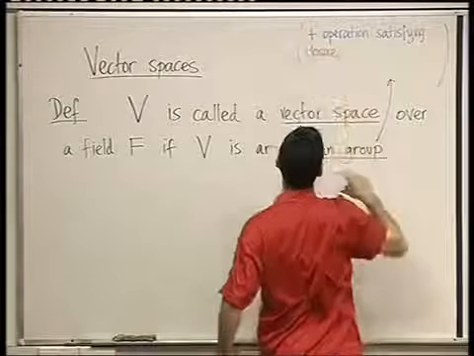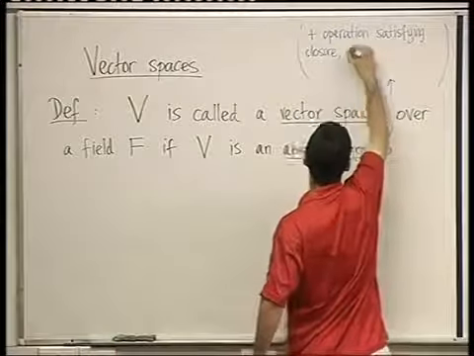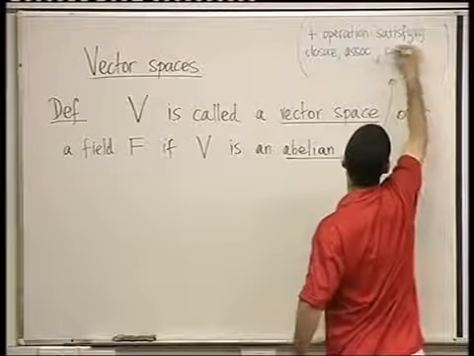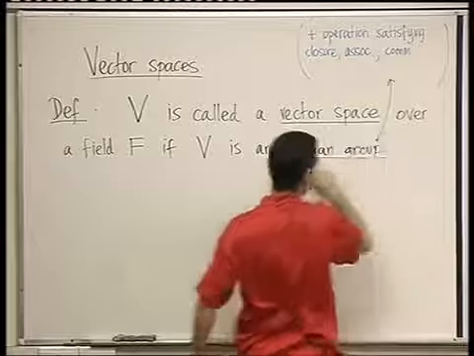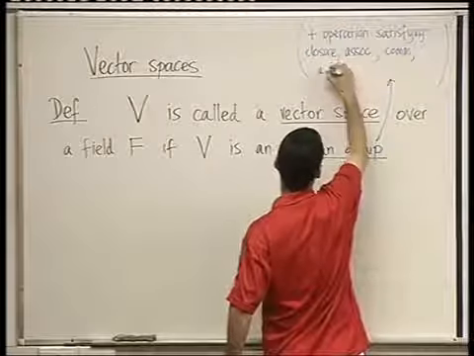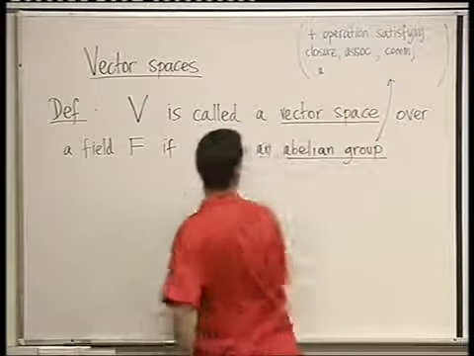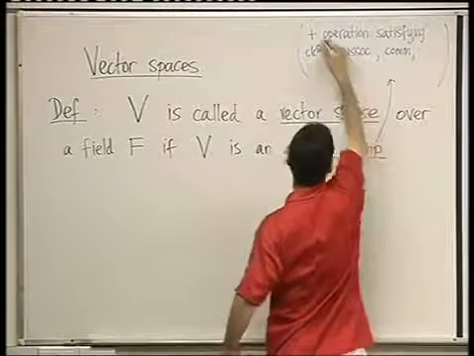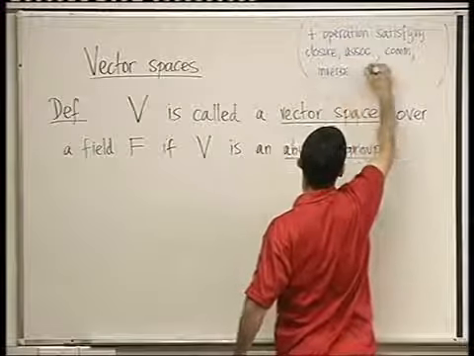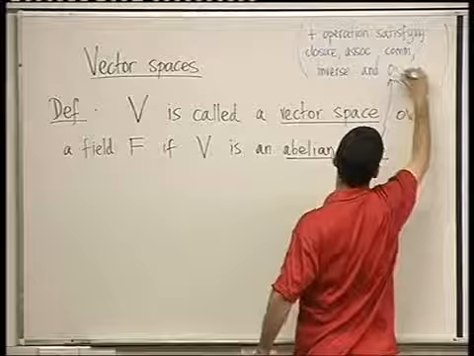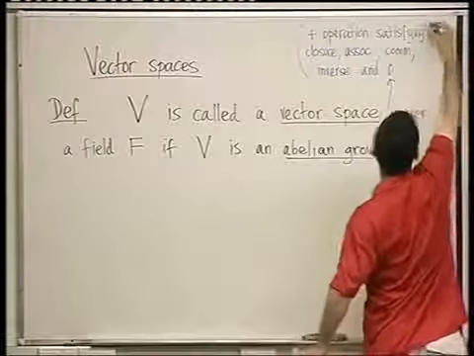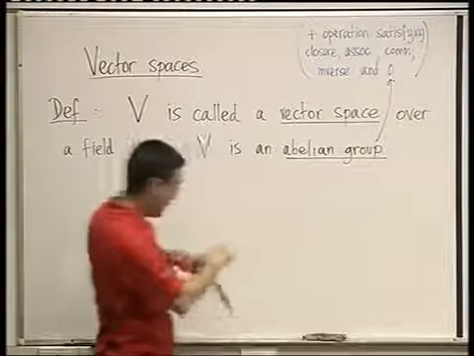Satisfying closure, associativity, commutativity, that's being abelian. Additive inverse, well, it's just additive, so plus inverse and 0. Okay, so is it clear what I'm indicating by this?